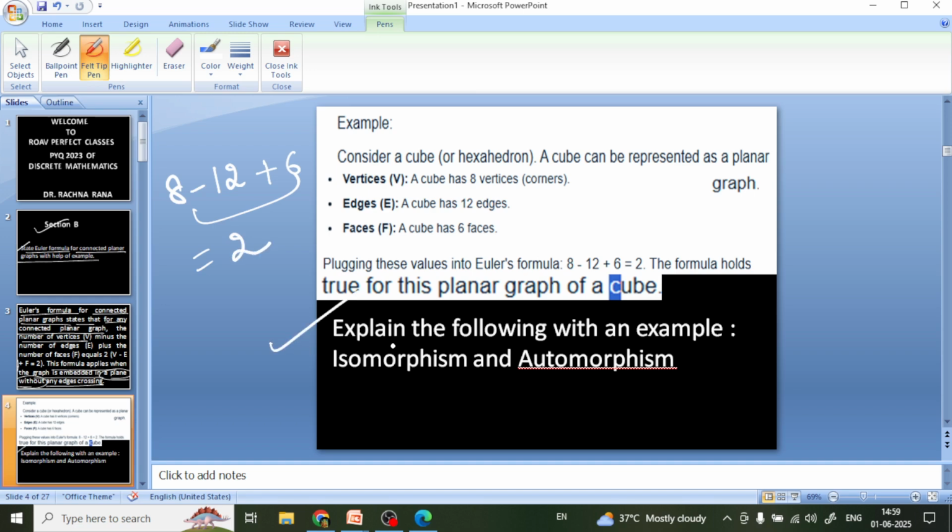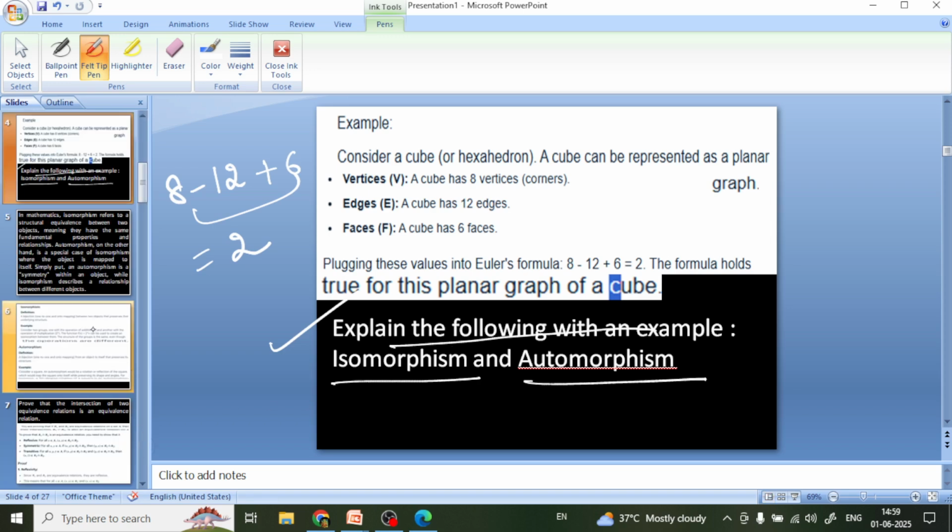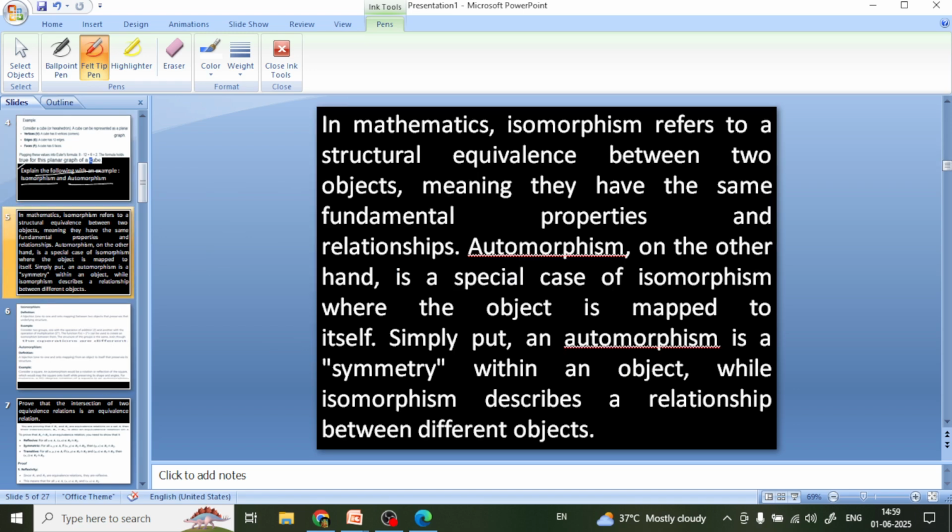Now the next question: explain the following with an example: isomorphism and automorphism. What is the difference between isomorphism and automorphism? In mathematics, isomorphism means a structural equivalence between two objects. Structure-wise they are equal.